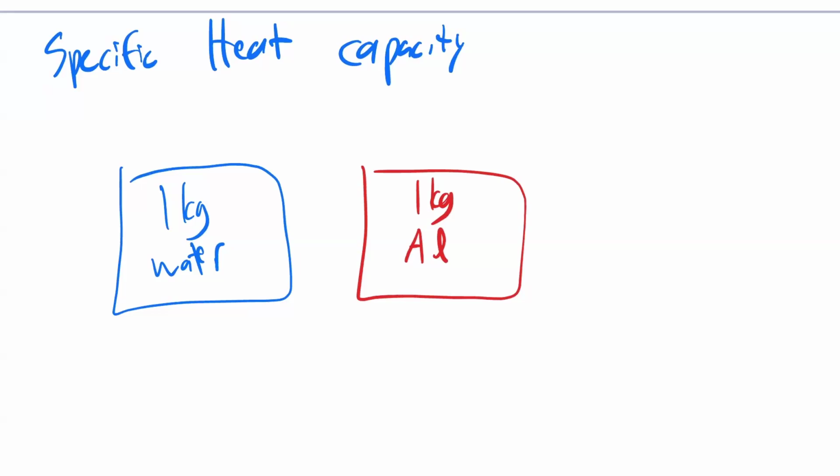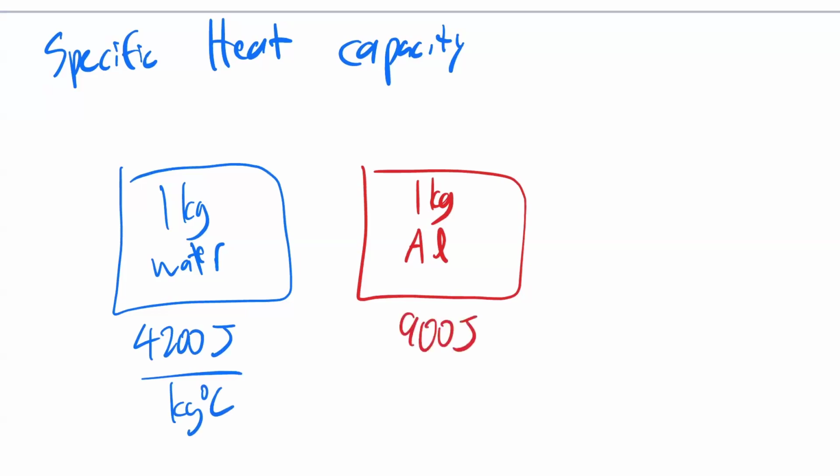For example, water has a specific heat capacity of 4,200 joules per kg degree Celsius, whereas aluminium has a specific heat capacity of 900 joules per kg degree Celsius. Now I want you guys to learn to look at the units and tell me the story of what's happening here.